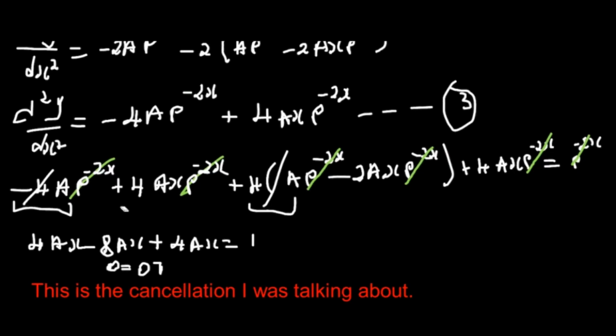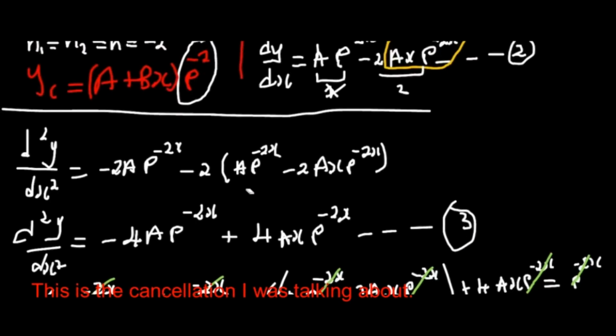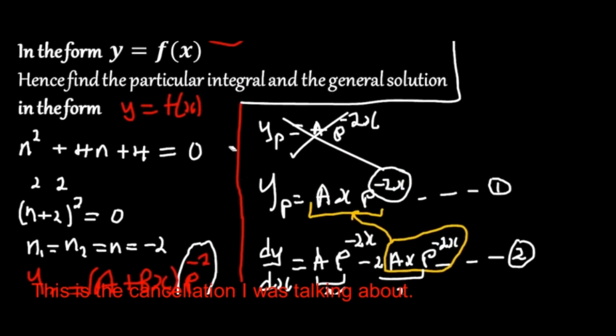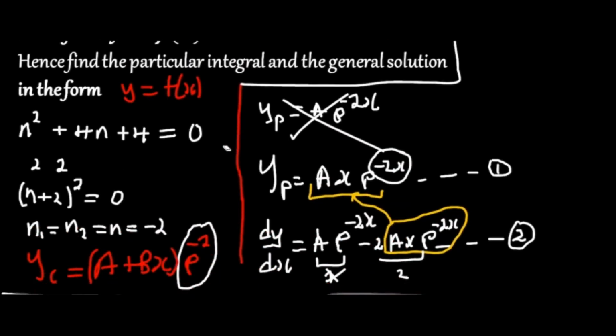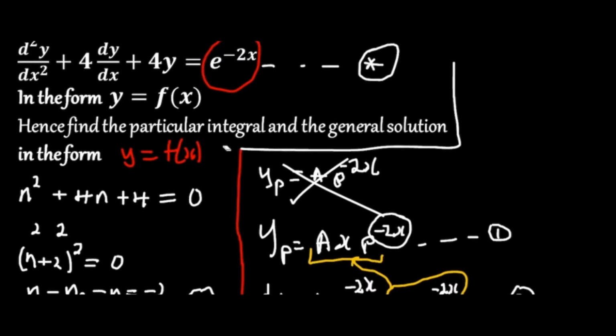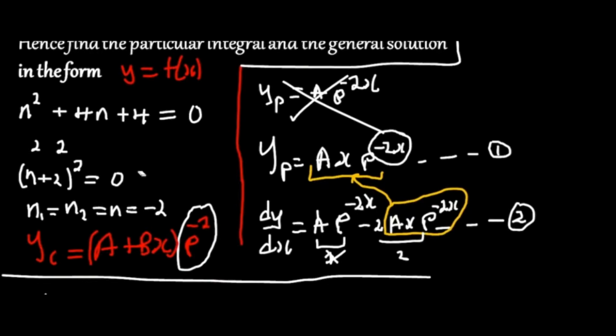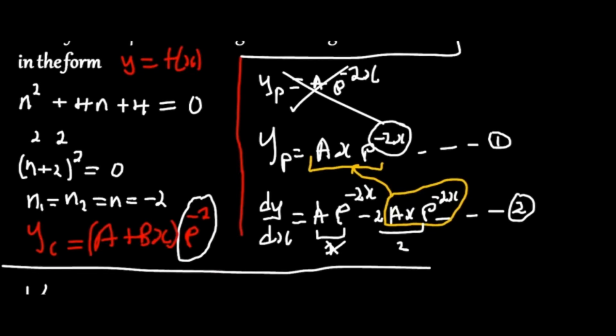Now let's go back to our original equation. We saw that since our particular solution was part of the complementary solution, we couldn't take our particular solution to be this case.